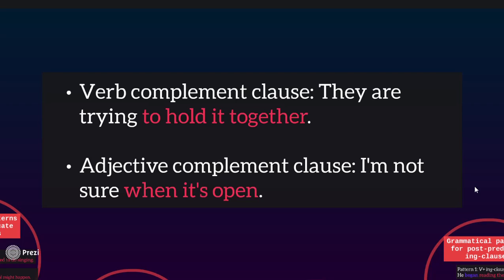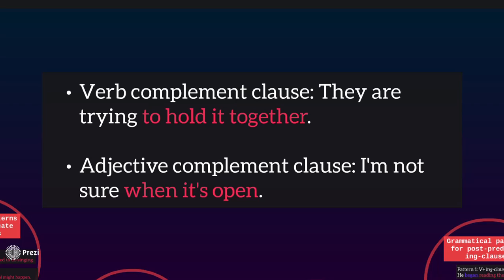And in the second example, we have a WH complement clause placed after an adjective. Please note both of them are placed in the predicate and they are controlled by different elements. The first is controlled by a verb and the following is controlled by an adjective.